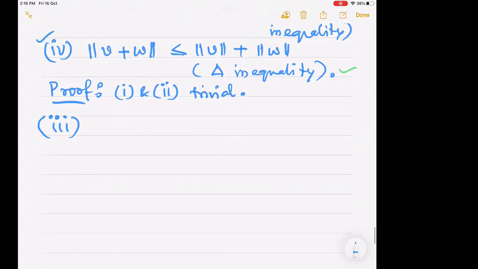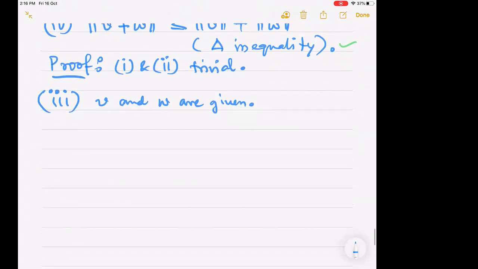Suppose V and W are given to us, arbitrary vectors in V. Let us look at this particular vector: I look at the inner product of V and W, divide this by W's norm squared, and multiply this by W. This quantity, in fact, will be very important for us later on.